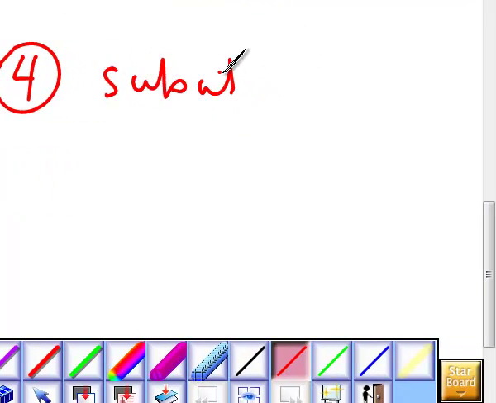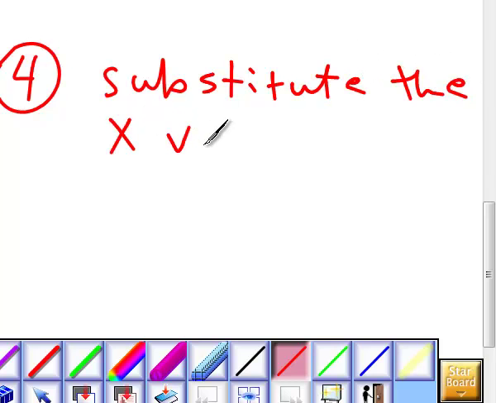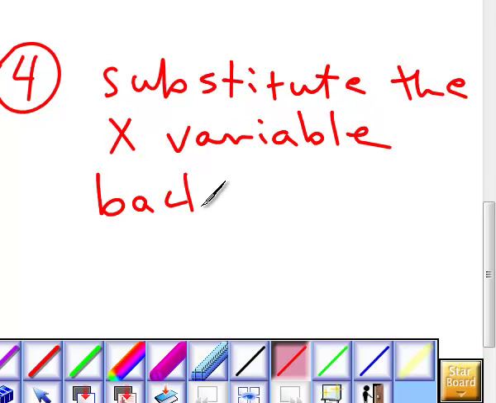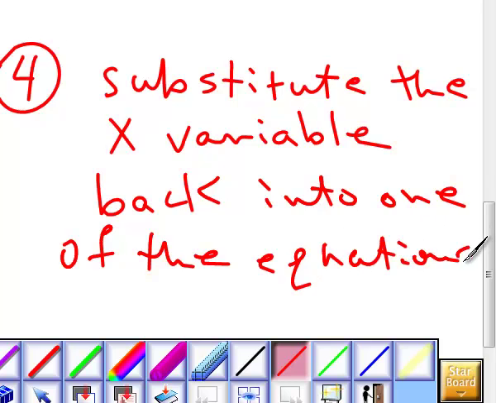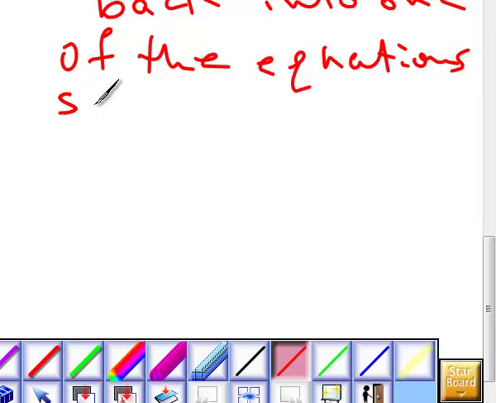We substitute the x variable back into one of the equations and solve for y.